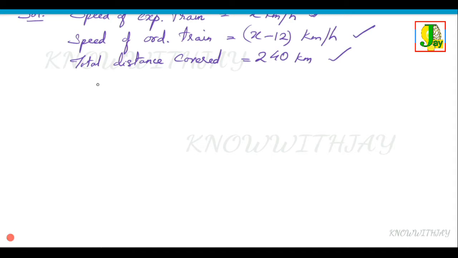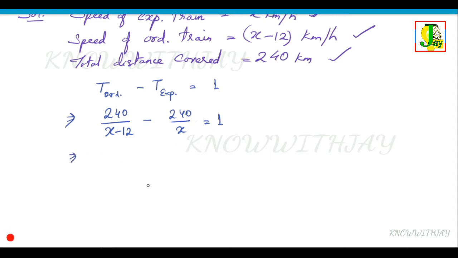Thus we can write the expression: time taken by ordinary train minus time taken by express train equals 1 hour. That's 240 by x minus 12 minus 240 by x equals 1 hour. You have to pay attention to the units here. This speed is kilometer per hour, this is kilometer per hour, and so the time is taken in hours.